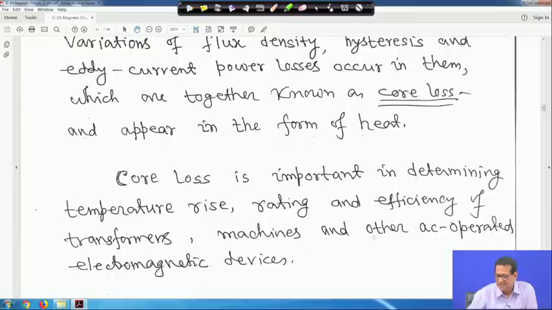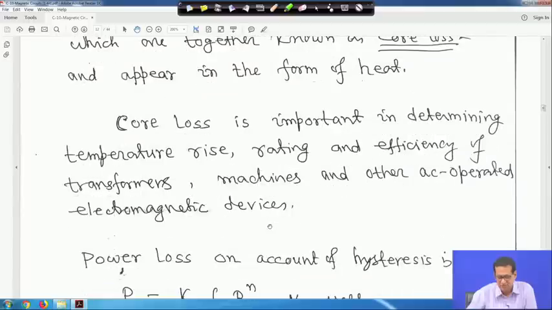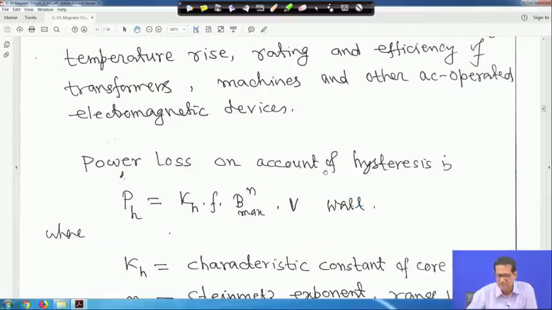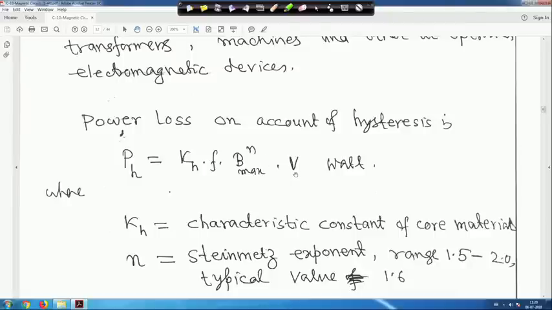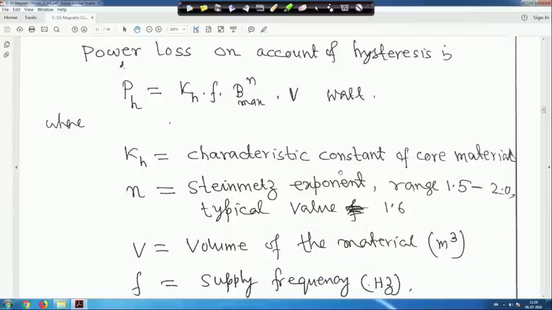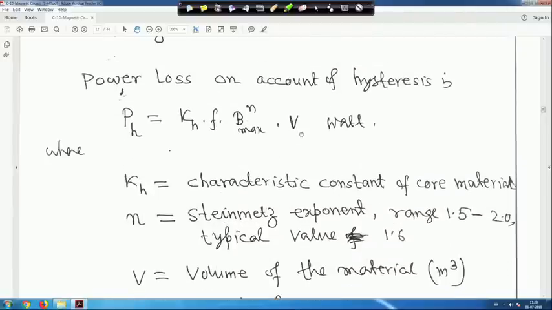Machines and other AC operated electromagnetic devices. Now, power loss on account of hysteresis is given by an empirical formula: Kh into f into Bmax to the power n into V watts, right. Here V is not the voltage; V is the volume of the material in meter cube.